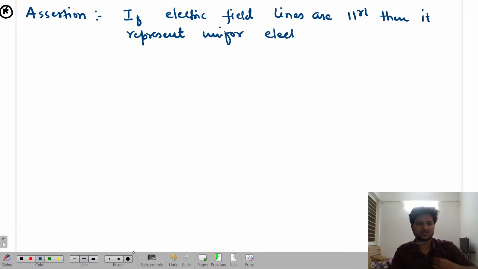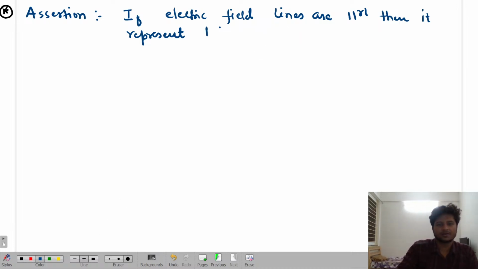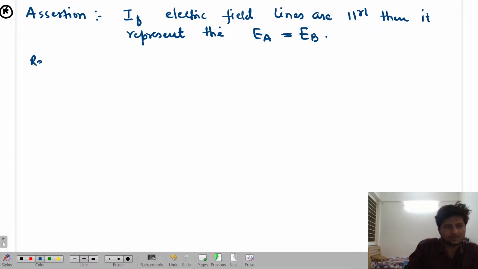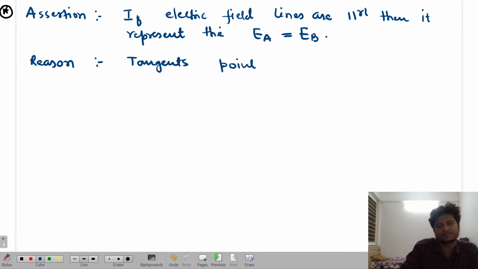Then it represents that electric field at any two random points is the same, isn't it? If electric field lines are parallel, then it represents EA is equal to EB, isn't it? Reason: tangent points in same direction.